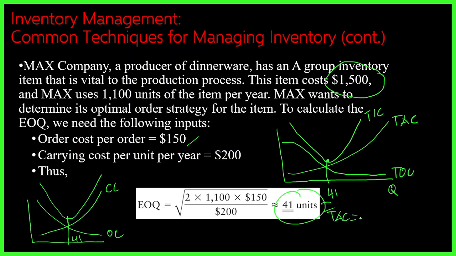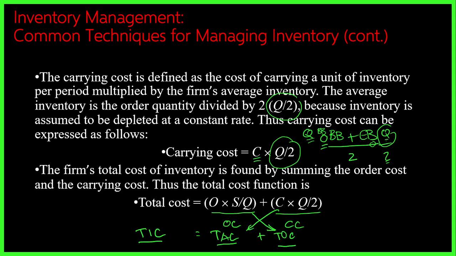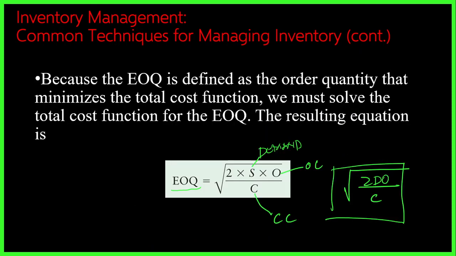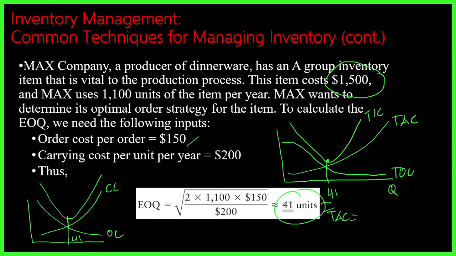If you go back to the previous slide, that's your total annual carrying cost: the carrying cost times your average inventory. Assuming that there is no safety stock, your average inventory now will be 41 divided by 2. You multiply that by your carrying cost per unit, which is 200.